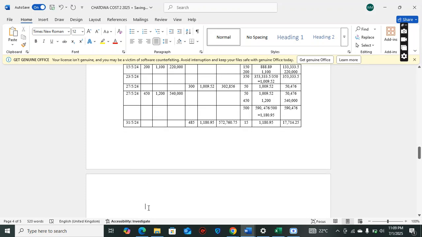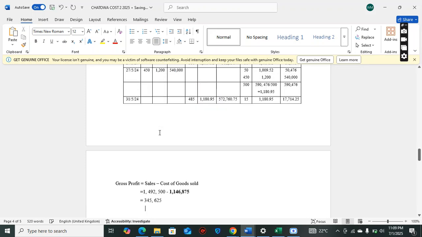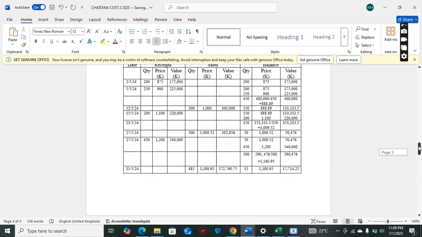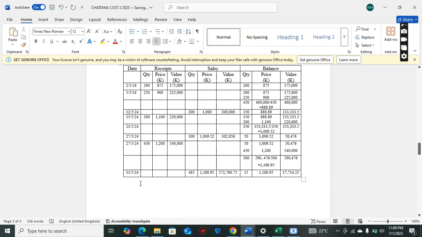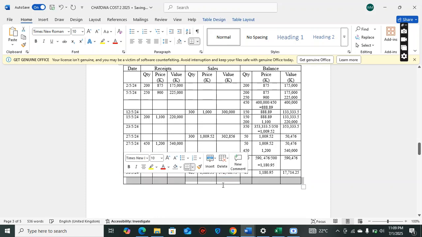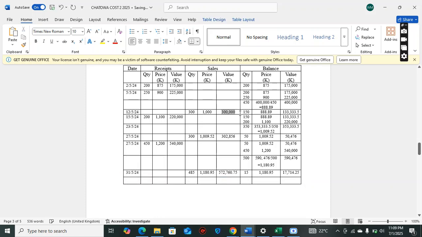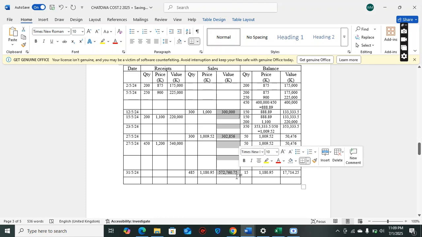Okay, so for AVCO, cost of goods sold, get the total. So we're going to say 300,000 plus 302,856 plus 572,760.75.